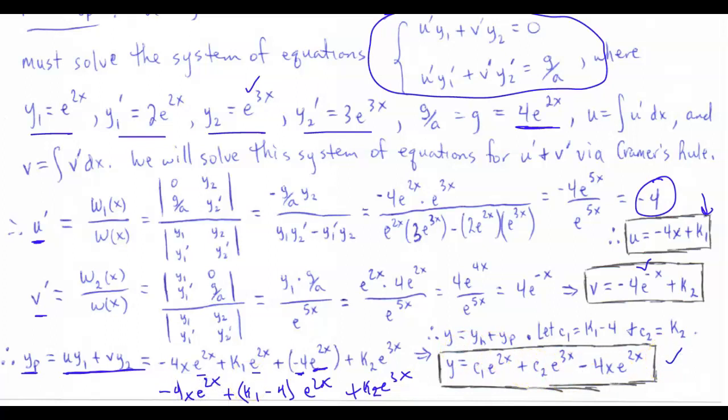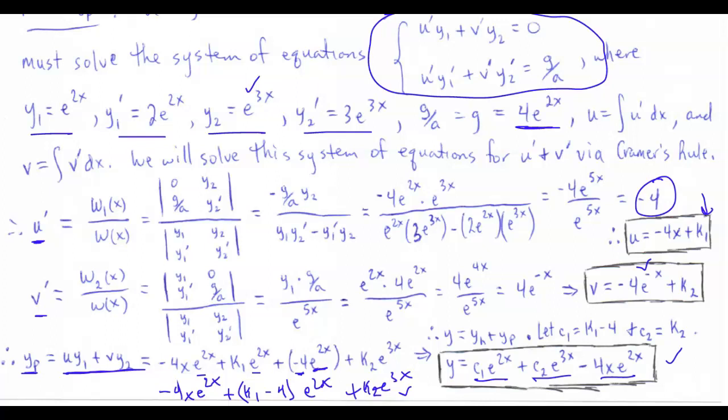And you can kind of see how all this comes together just to be c1 e raised to the 2x, which is this here, because this k1 minus 4 is the same thing as c1. Our c2 e raised to the 3x, that's this term here. And of course, the minus 4x e raised to the 2x, that's this term here.